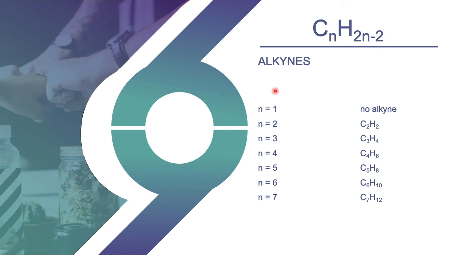Now to see it in action, let's write the formulas of alkynes with increasing order of carbon atoms. We know that for n equal to 1, an alkyne is not possible, so that is ruled out. So for n equal to 2, substituting the value of 2 for n, you have C2, H, 2 into 2, 4 minus 2 is 2, so C2H2. Similarly for n equal to 3, we are substituting the value of 3, so C3H, 3 2s are 6 minus 2, 4, so C3H4. n equal to 4, C4H6 and so on.